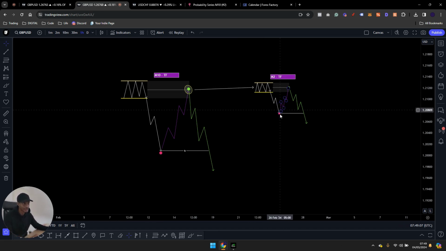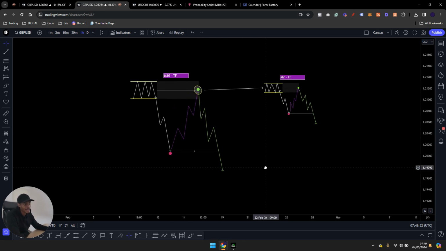Contraction, expansion, play the mitigation, boom, that's our actual entry. It allows us to reduce our risk and up our pip size, right? And then we trade back to either a predetermined risk-reward amount, or to the low or high. That's entirely up to you how you want to choose that.